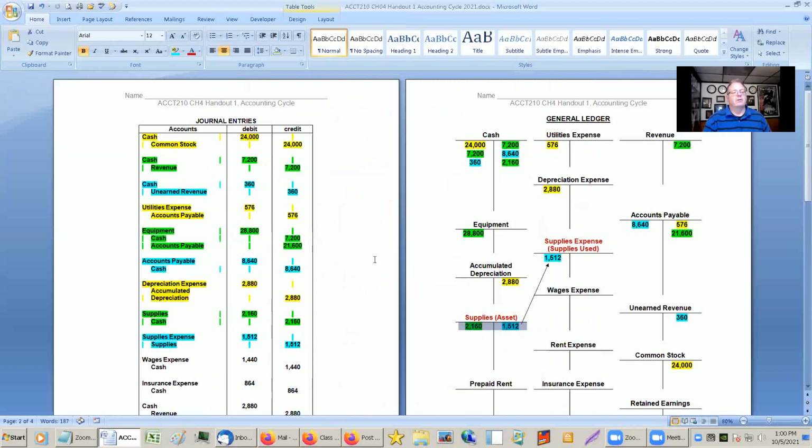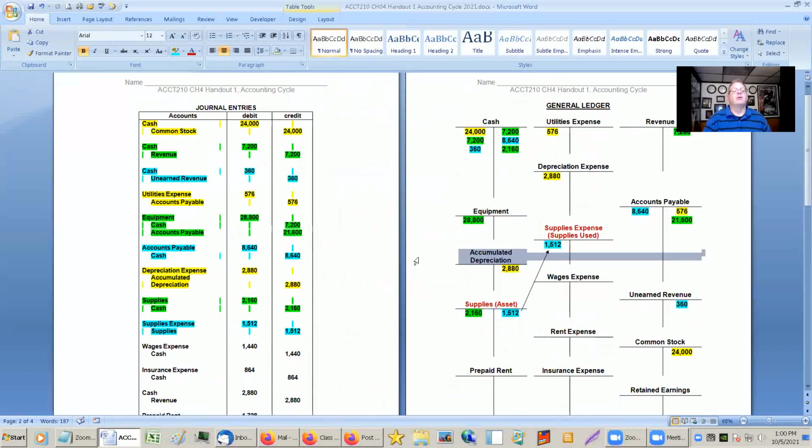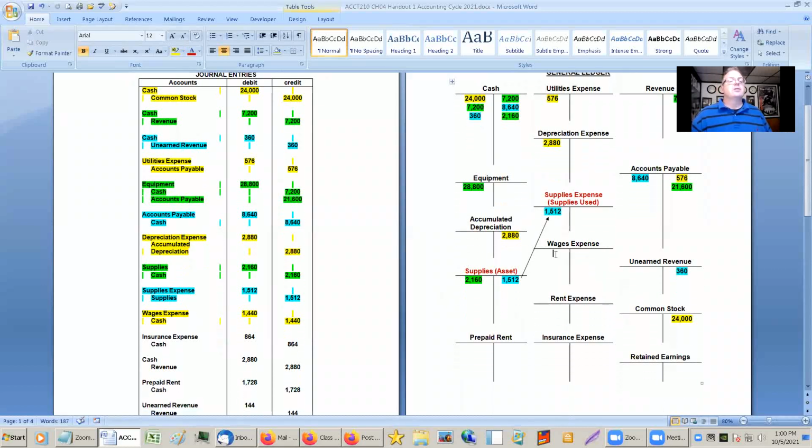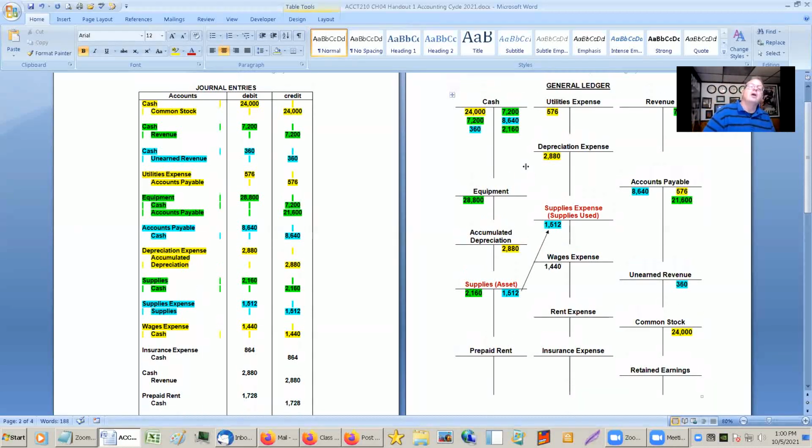Let's see here. Okay. Wage expense. So wage expense was 1,440. And cash, 1,440.